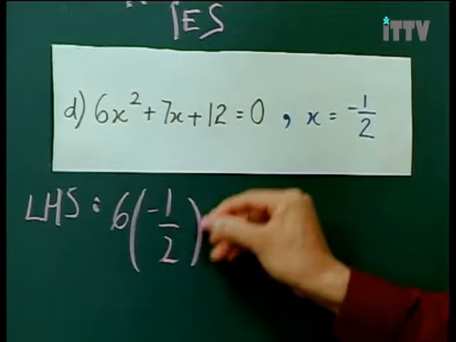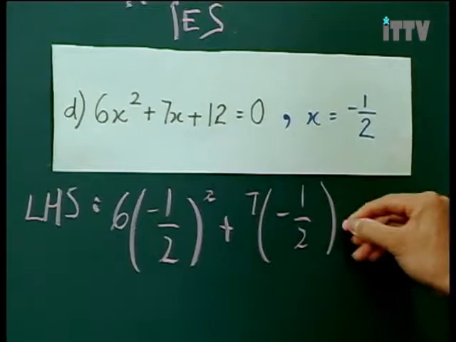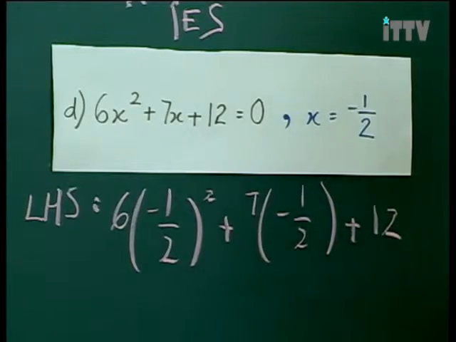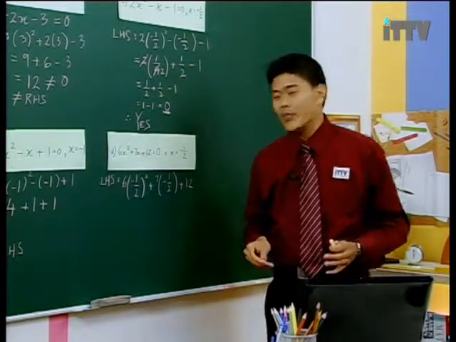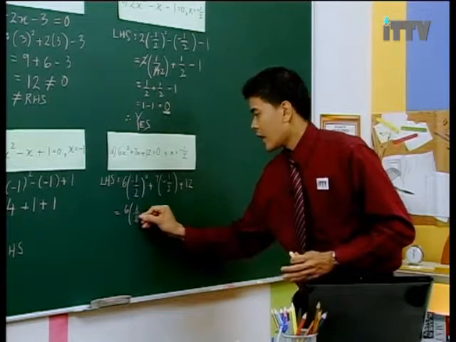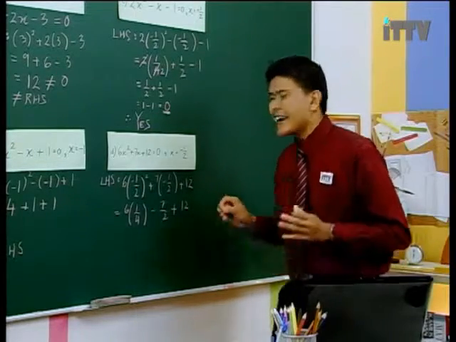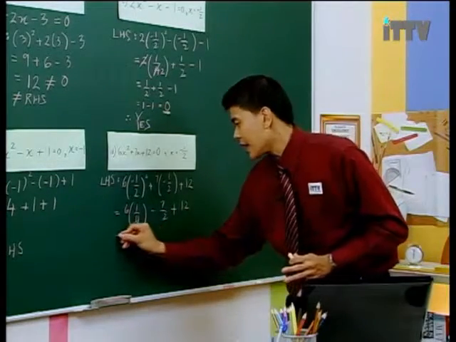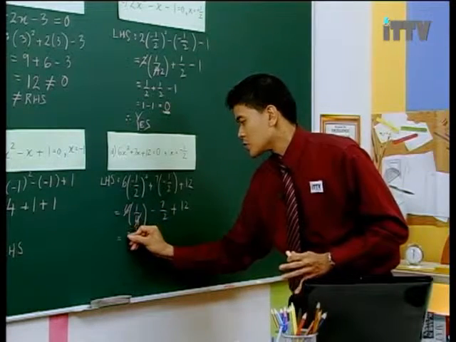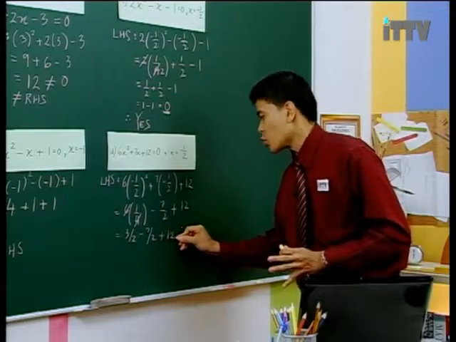Replace it and check whether the value will give you a value identical to the right hand side. So expand, and get it to the simplest form. You will get a value. So 3 over 2 minus 7 over 2 plus 12.